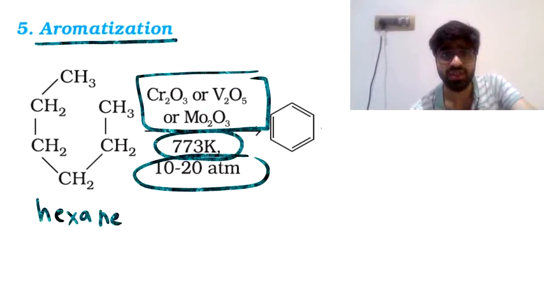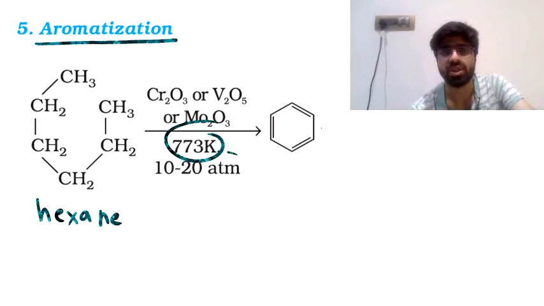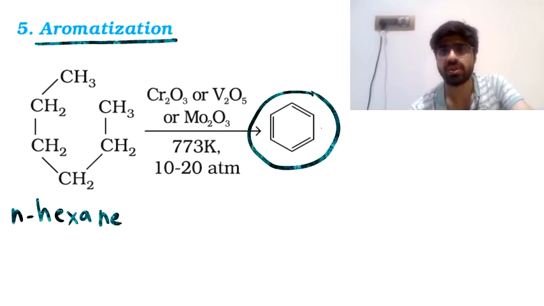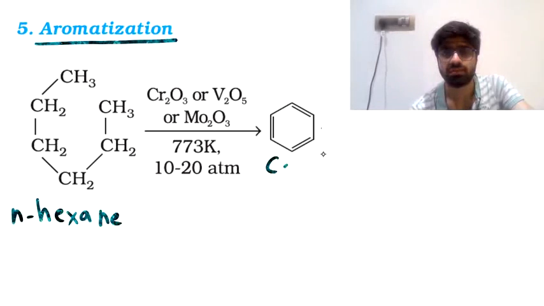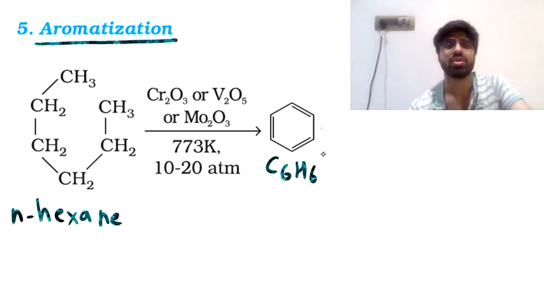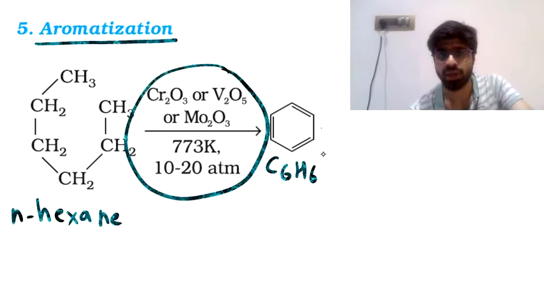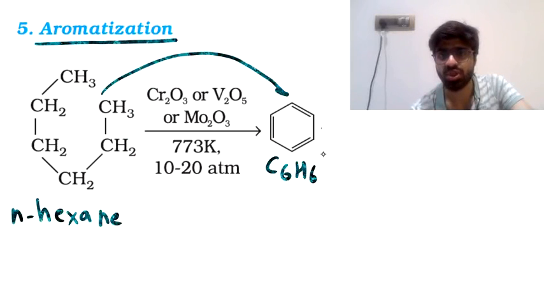In the presence of these catalysts and at a high temperature and pressure, this molecule, which is n-hexane, undergoes cyclization, that is, it will form a cyclic product, and the cyclic product with 6 carbon atoms is benzene. So cyclization of n-hexane under these conditions is going to occur, giving rise to the formation of benzene.